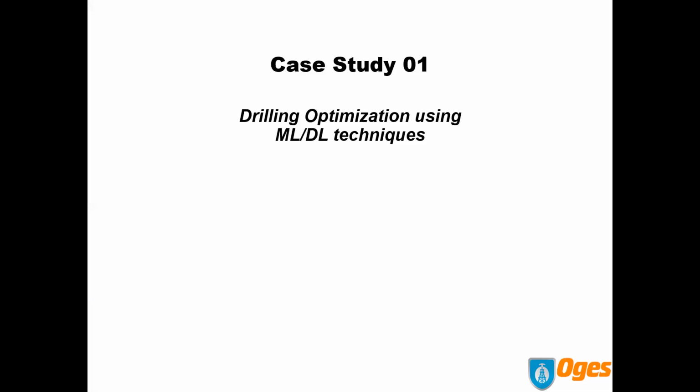Now we're going to go into drilling optimization using ML techniques. I'm going to look at one of multiple different issues. This issue comes up a lot with certainly NOCs, is the rate of penetration.